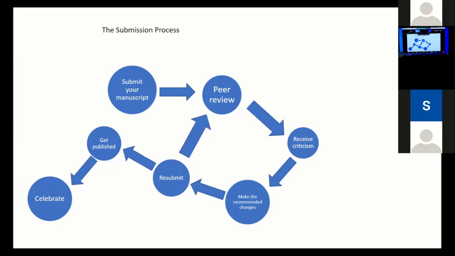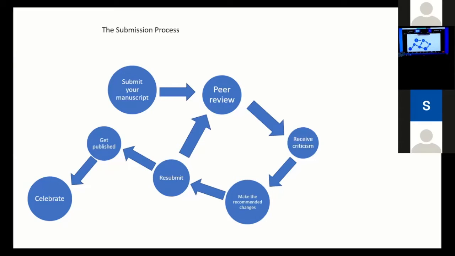This is generally how the submission process is going to work. You submit your manuscript, it goes to the journal, an editor is going to distribute that out to peer reviewers. Peer reviewers are other people who do research. So these are going to be other chiropractors, if you're at a chiropractic journal, these are going to be your peers who are volunteering to review your stuff.